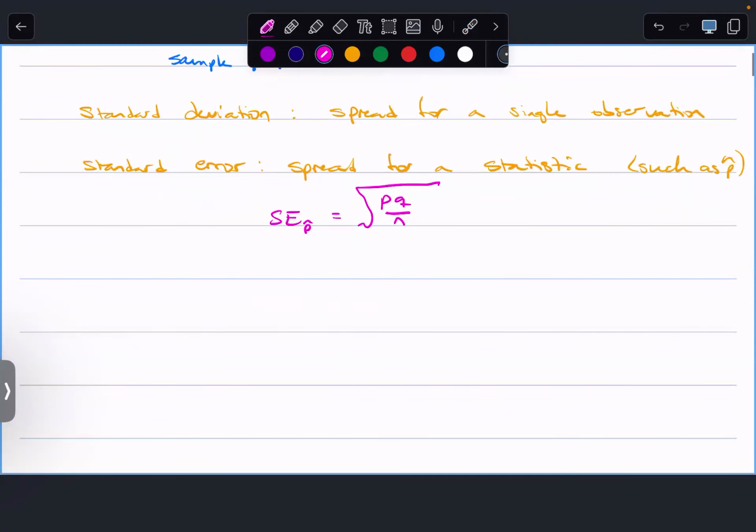And here, I'll also highlight where q is 1 minus p, because I'm lazy. I don't feel like writing it. So we said as n increases, the standard error of p hat decreases.